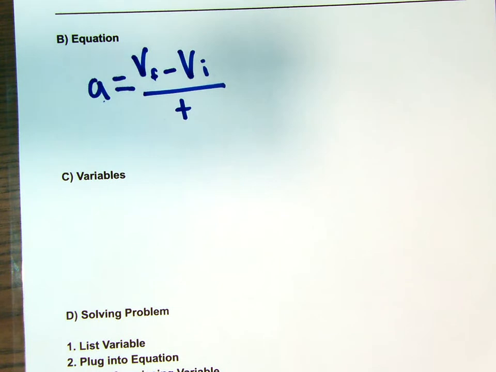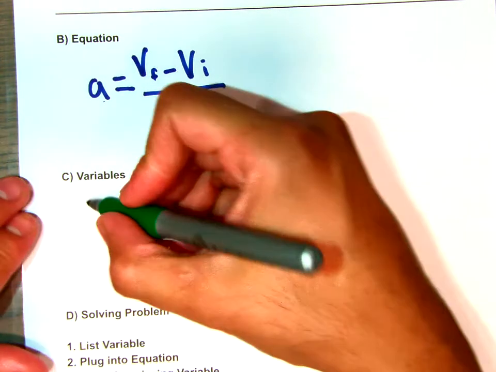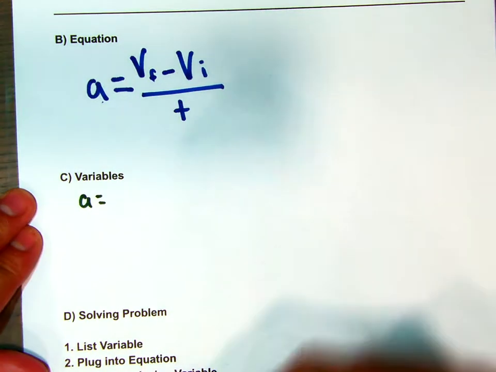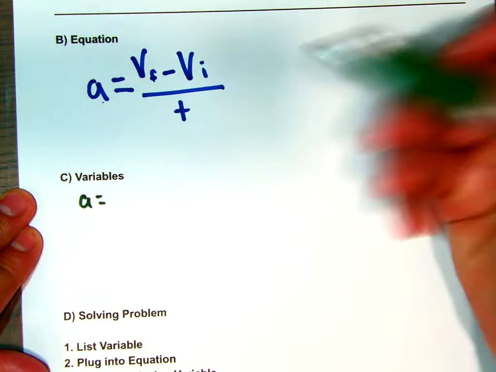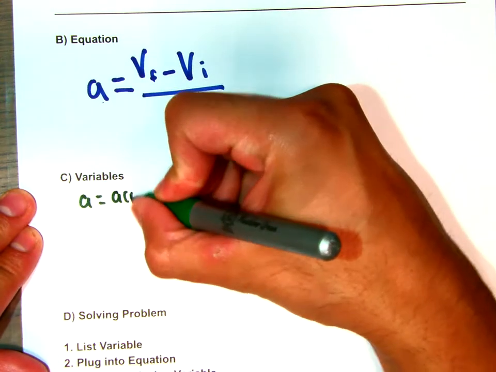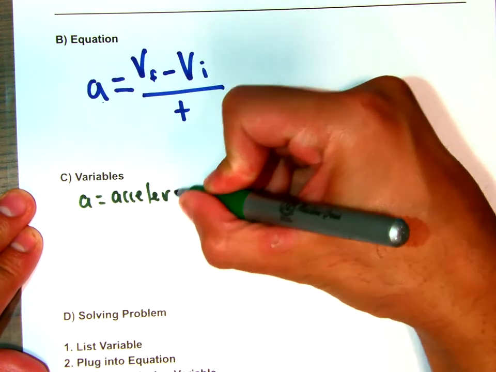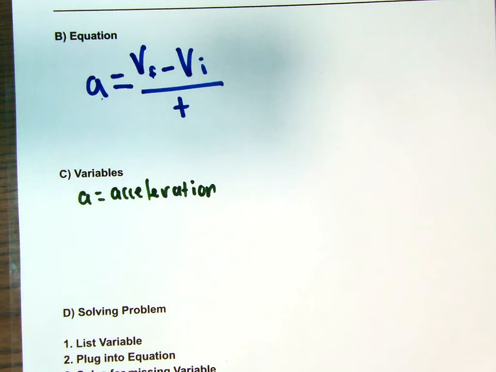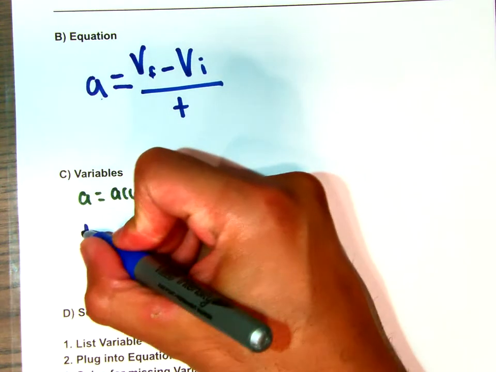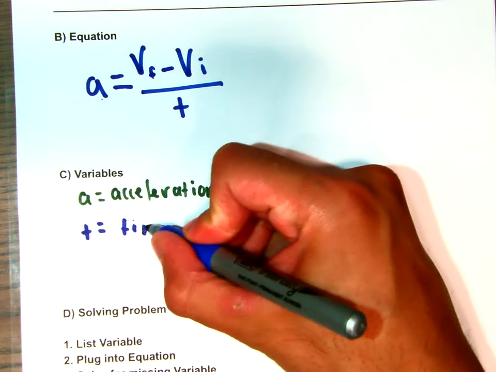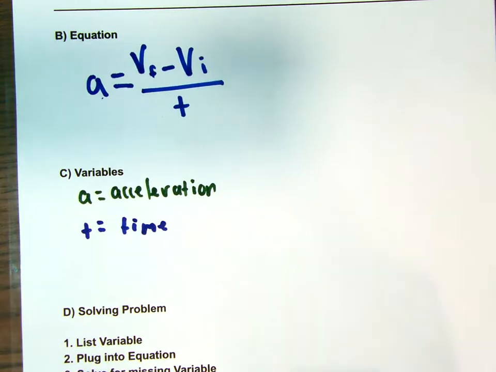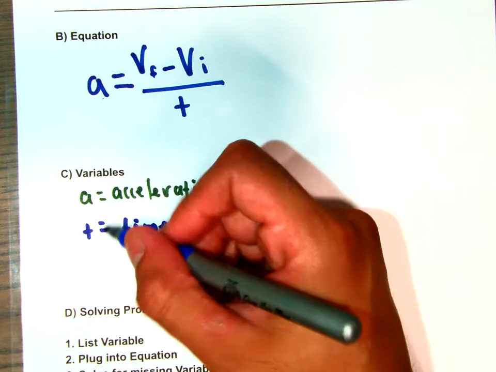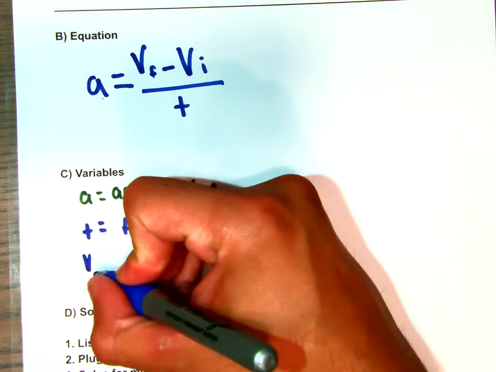So we're going to figure out that A, if we guessed it, stands for acceleration. Okay? All right. Then I have T. That stands for time. It's pretty straightforward. Then I have velocity, F. What does that stand for?